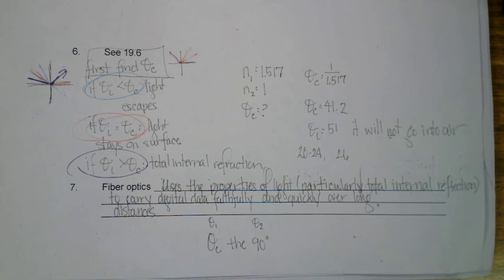So fiber optics keeps the light going in a specific direction, and it doesn't have to be carried through air only like other electromagnetic radiations can be.